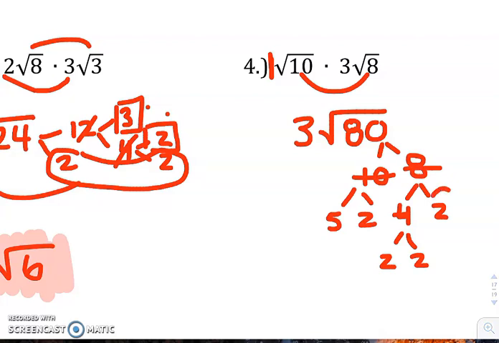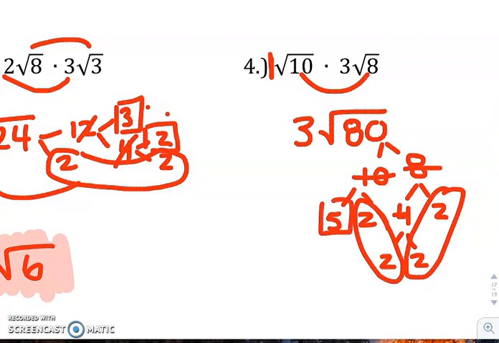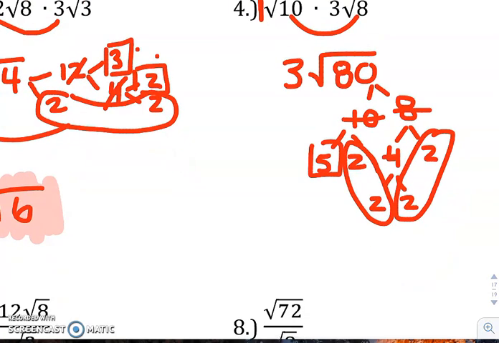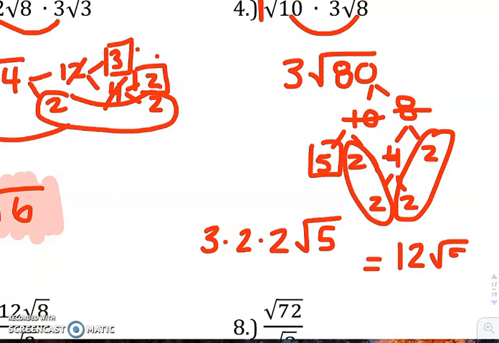Looking at the ends of our branches, we have a pair and another pair. This 5 is by itself. So we're going to have 3 times 2 times 2 outside, 5 left. 3 times 2 is 6, 6 times 2 is 12. So this ends up being 12 root 5.